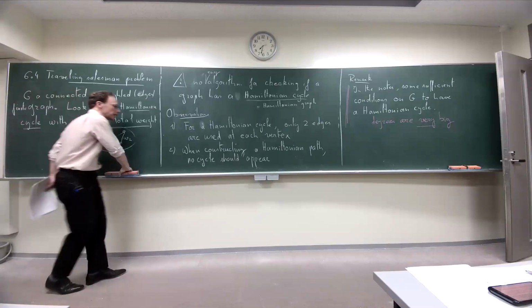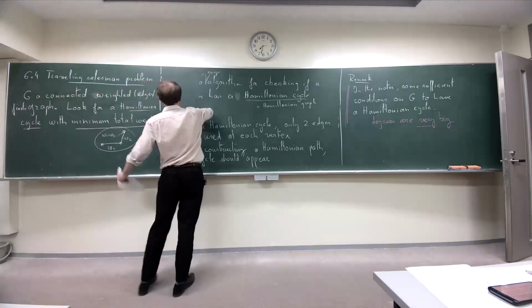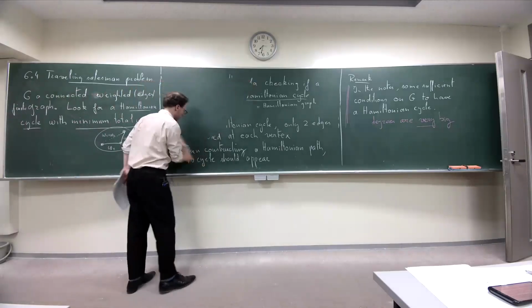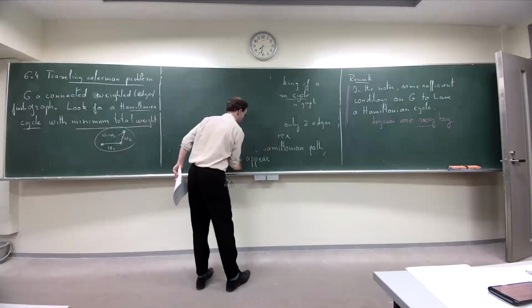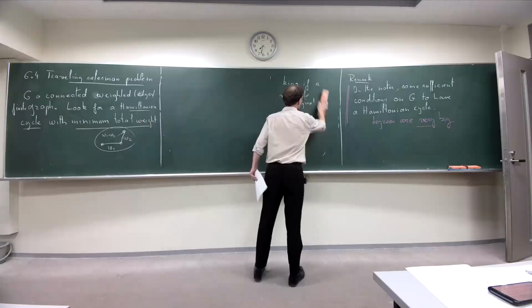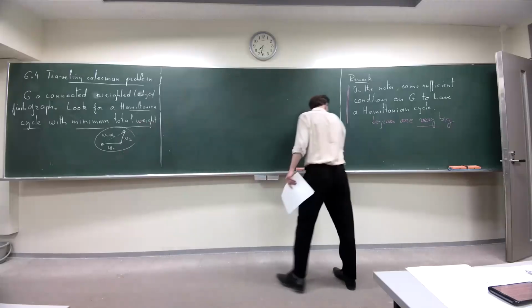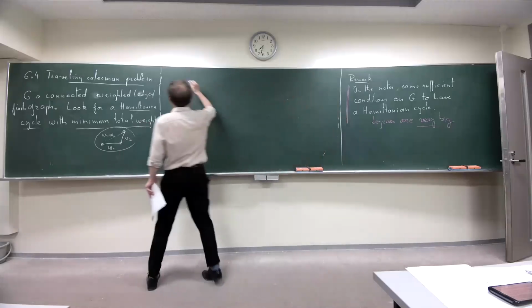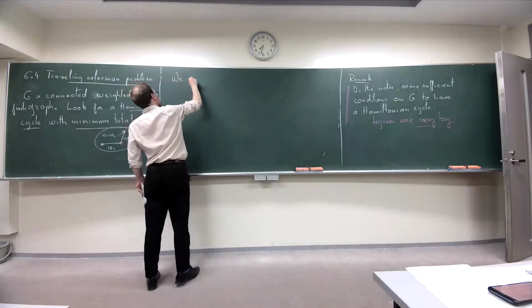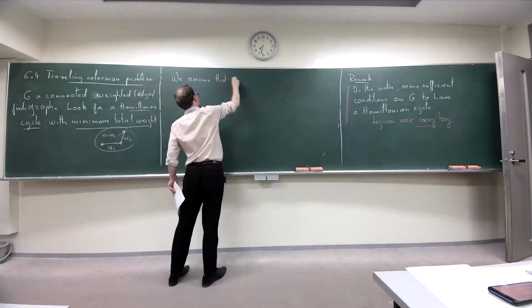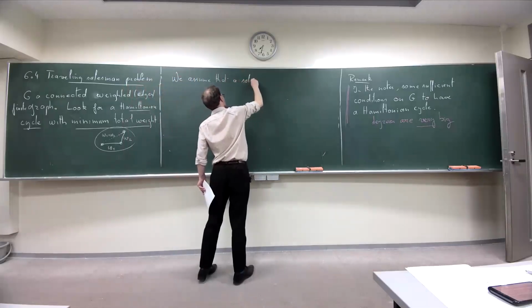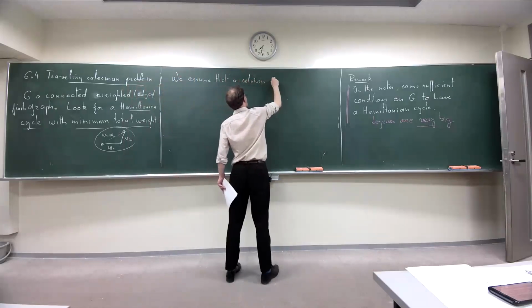So there are ways to get solutions by adding artificially some edges. So let me just mention, we assume, or we manage to have, that a solution exists.